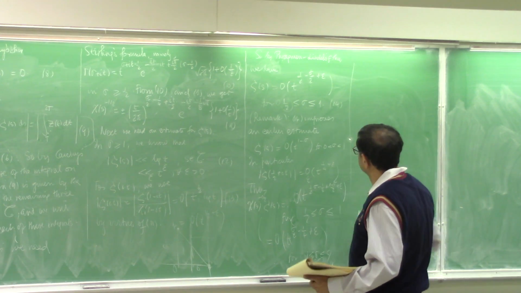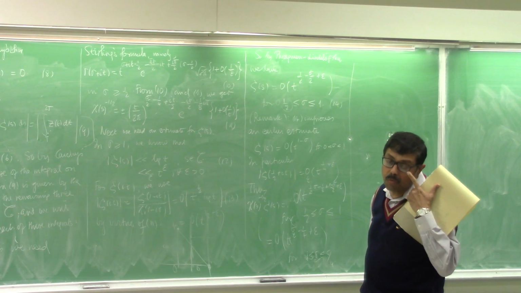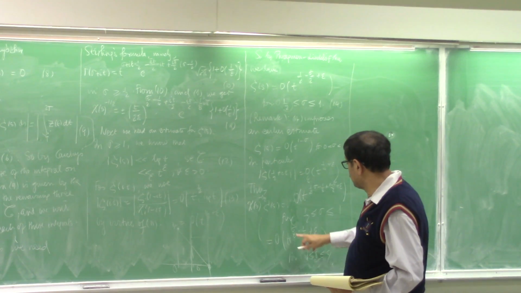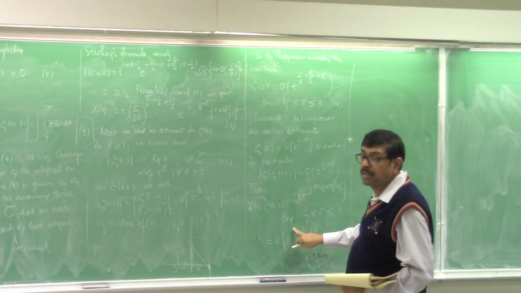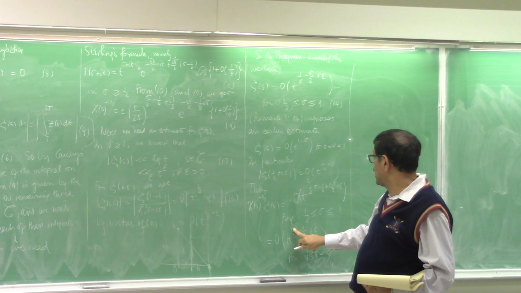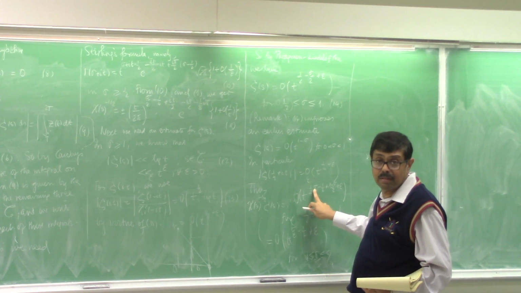So now, we just look at the worst cases of this. What is the extreme case? So the extreme case of this is obtained by putting sigma equal to 5/4 here. And the extreme case of this is obtained by putting sigma equal to 1 here.